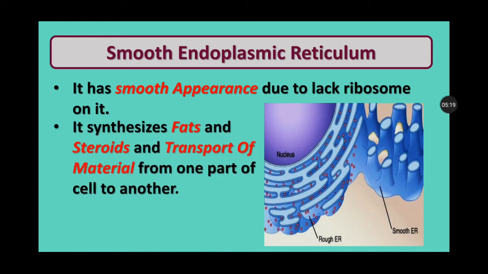Its function is to synthesize fats and steroids. Steroids are chemicals. It also transports materials from one part of the cell to another. Because it does not have ribosomes attached to it, it is not involved in protein synthesis. So it is involved in the synthesis of fats and steroids and transport of materials from one part of the cell to another part of the cell.